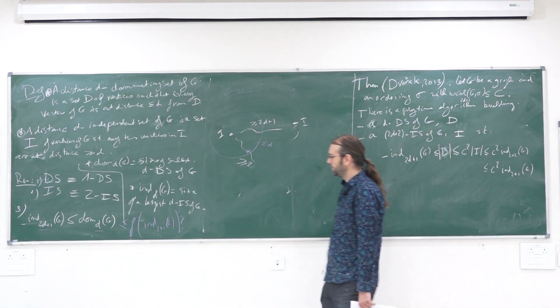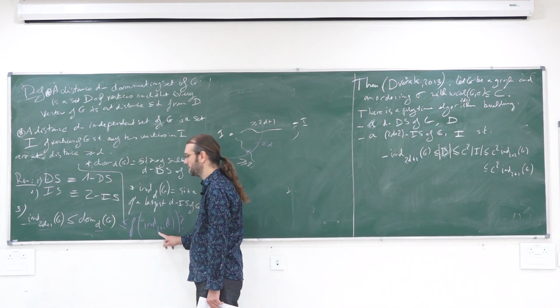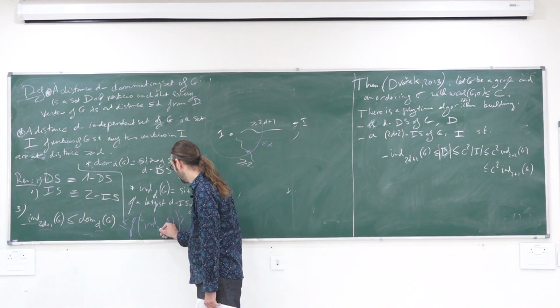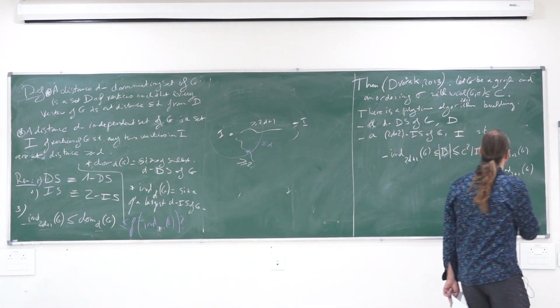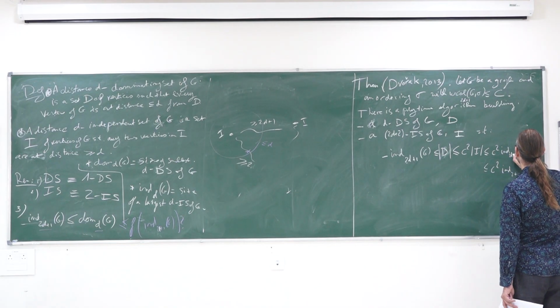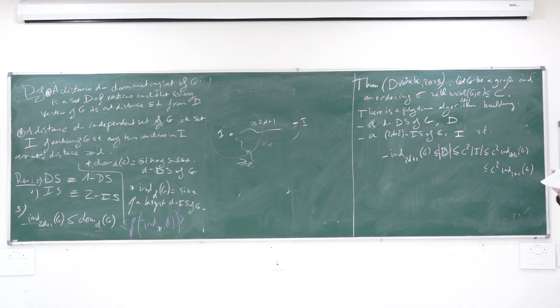Not only does it give me an independent set at distance 2d plus 1, no, it gives me one at distance 2d plus 2, which is even stronger because the vertices are a little bit more far apart.